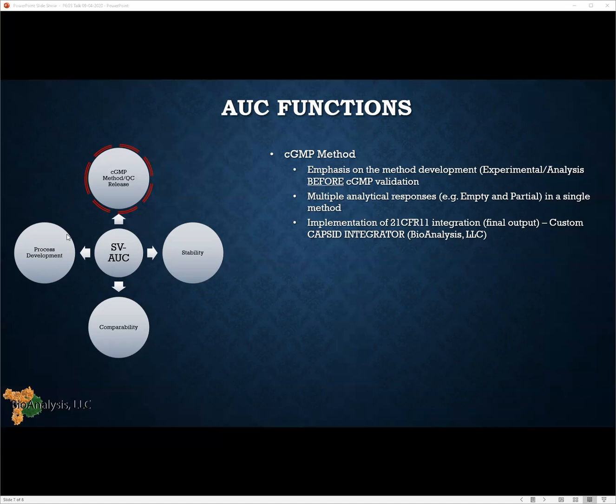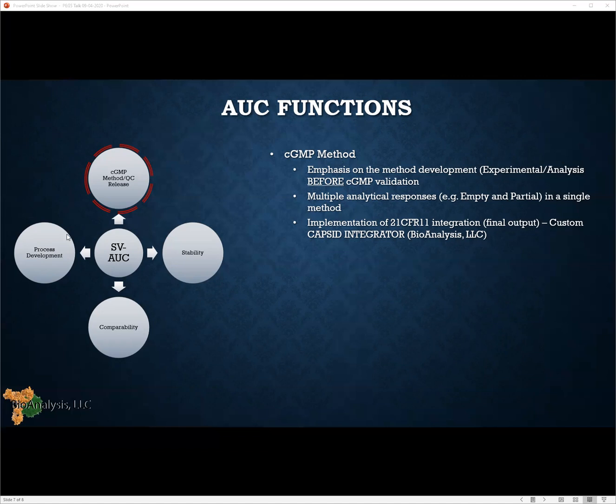Another thing you can do: we want to push the boundaries, and especially at my company, we want to push the boundaries of cGMP method development. What we do is try to not only look at a single analytical response, because under certain conditions you can have multiple analytical responses.